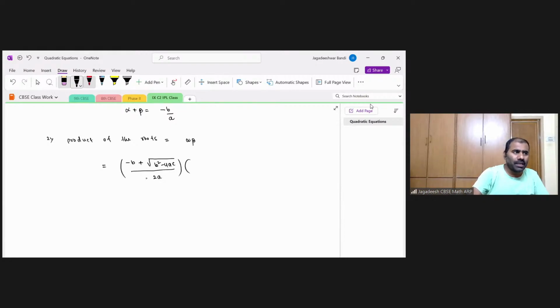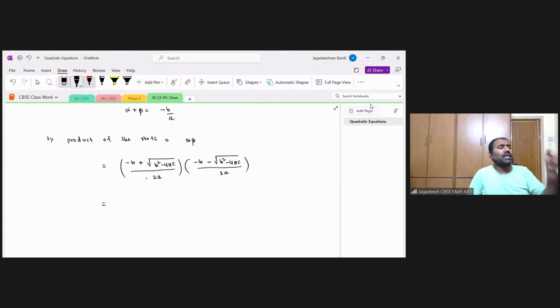This is the alpha value, into the beta value, (-b - √(b² - 4ac)) divided by 2a. We are just multiplying alpha into beta. You know how to multiply two fractions: multiply the numerators and multiply the denominators. When you multiply the numerators, please observe carefully.